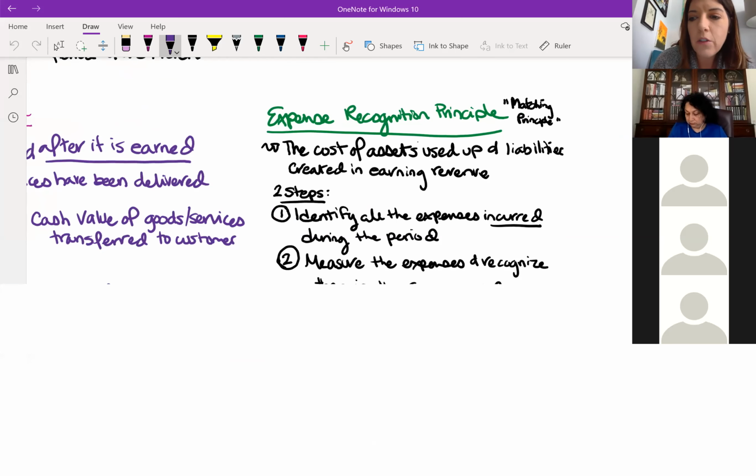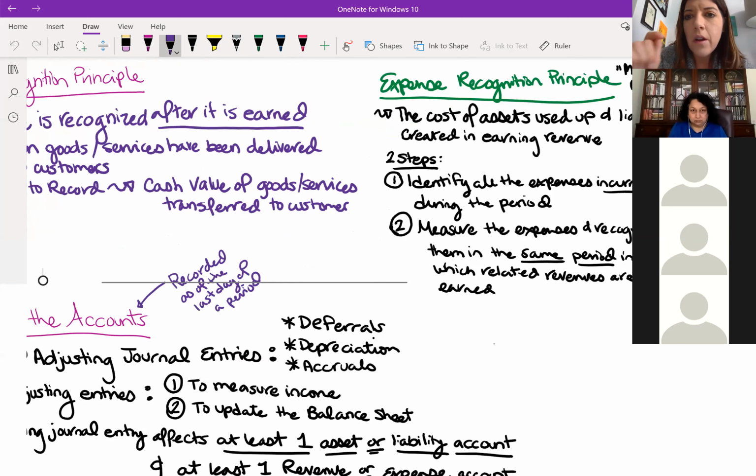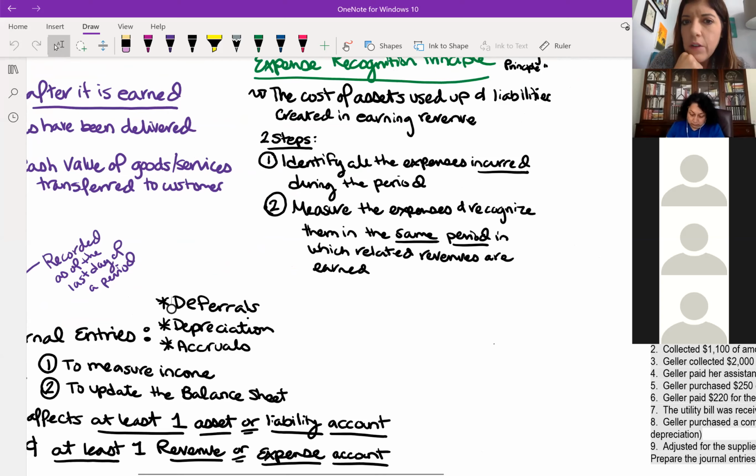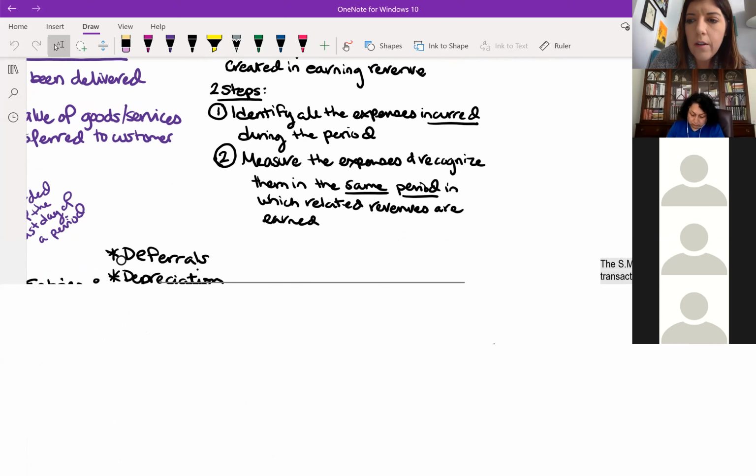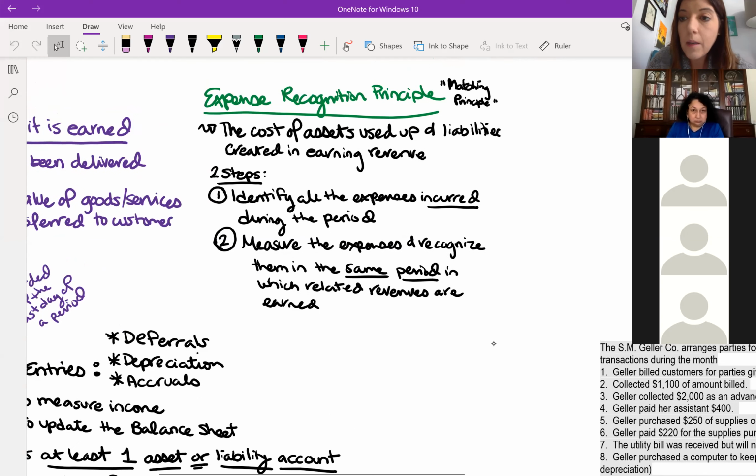The expense recognition principle is something that you definitely want to be aware of. It's sometimes referred to as the matching principle. So expenses are the cost of assets used up and liabilities created in earning revenue.